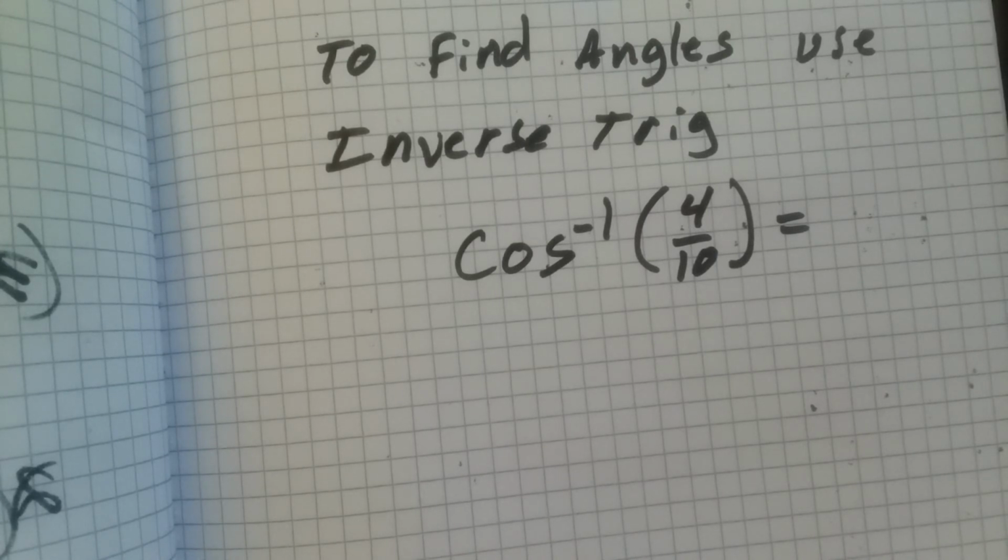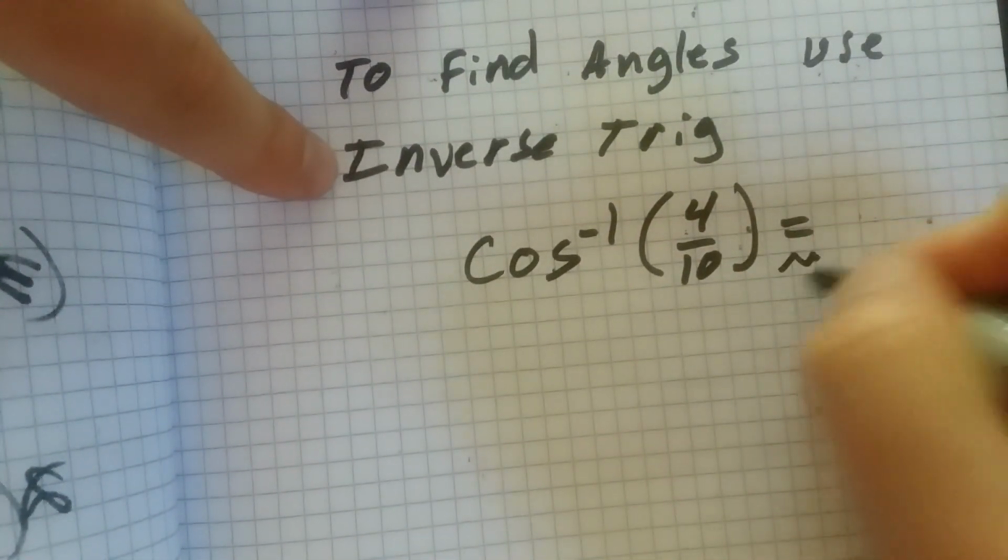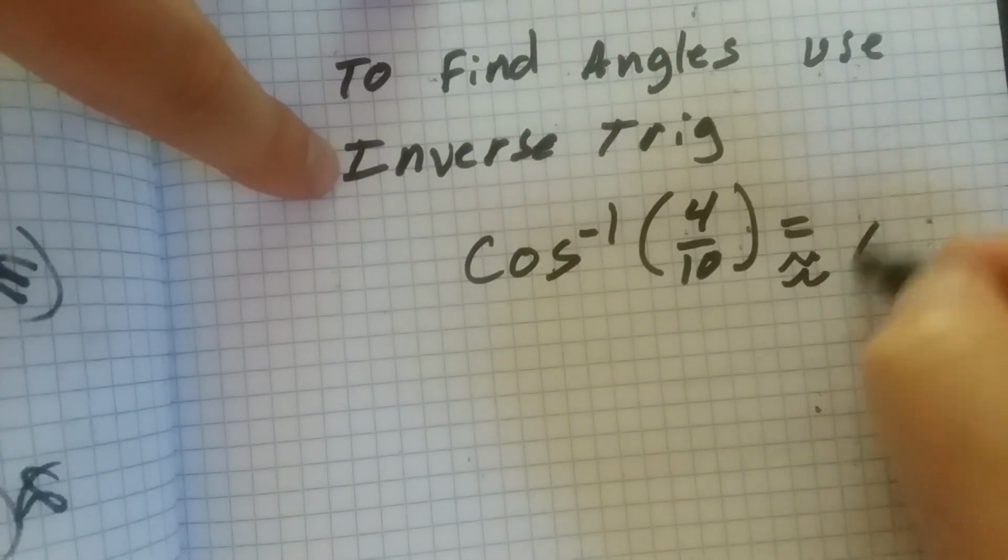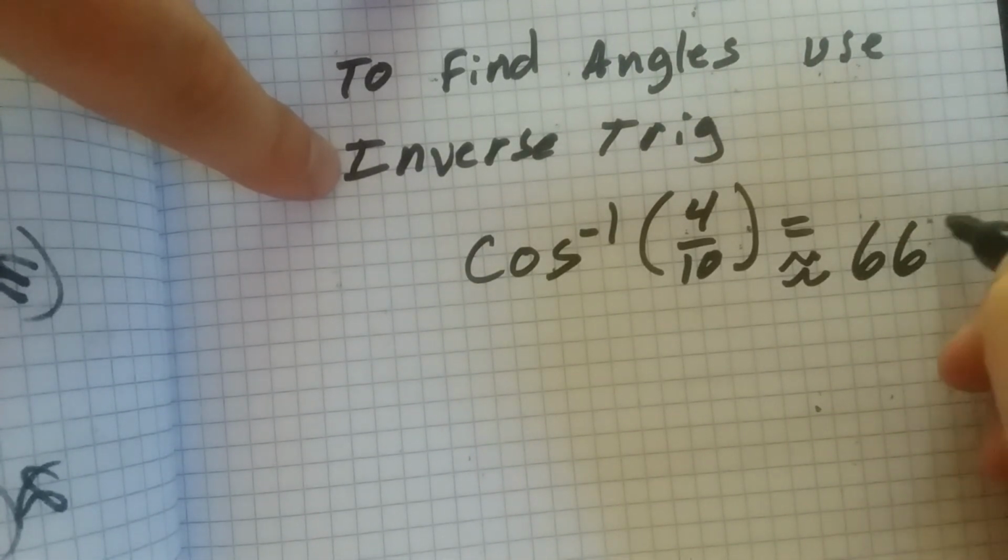Second, cosine, 4 divided by 10. I want the inverse cosine of that. So I get approximately 66.4 degrees.